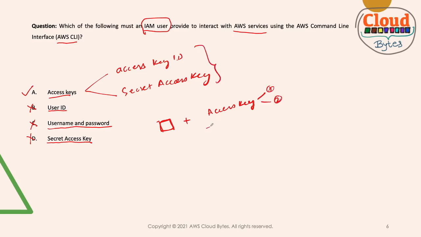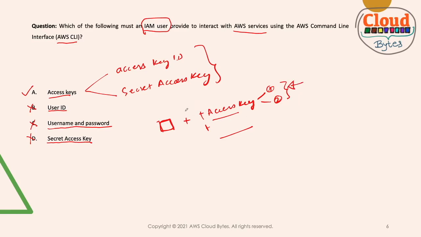And then you can have multiple access keys. Now, these access keys are long-term credentials. Until they are made invalid, they are good enough. Depending upon the policy document attached, they can interact with one or more services, whatever access has been provided to this particular user.